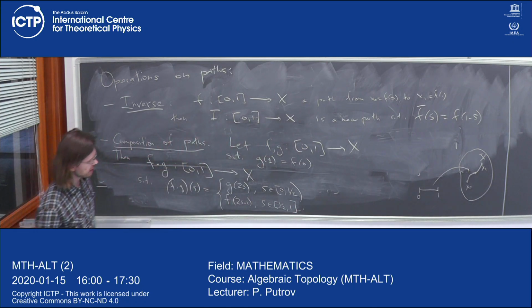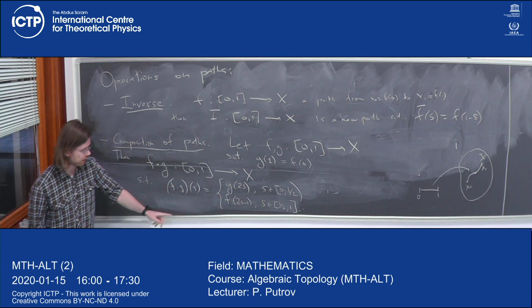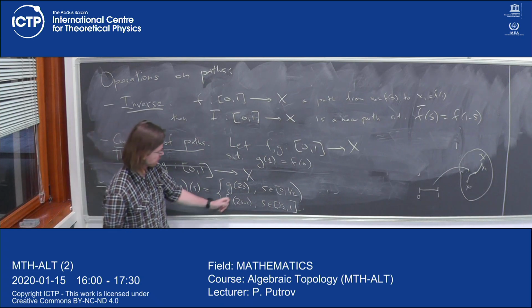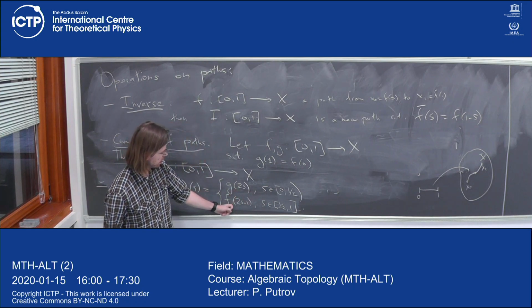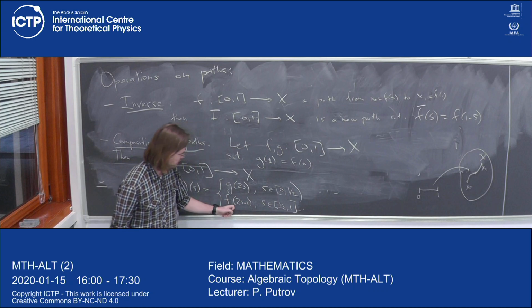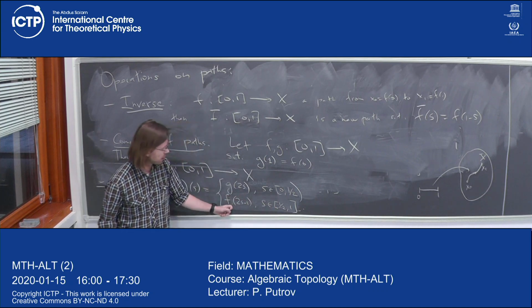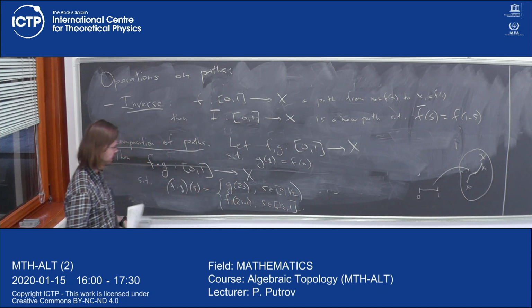You can see that this formula gives me a continuous function because if I plug in s equals 1/2, here I have g of 1, and at the end of this interval I have f of 0. So there's no jump, this is a continuous function.